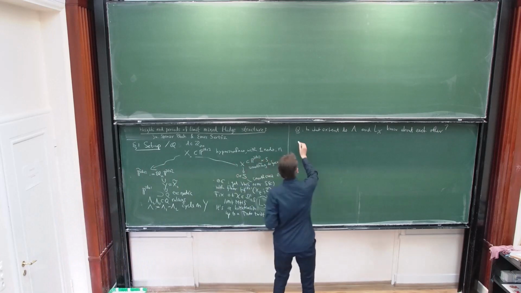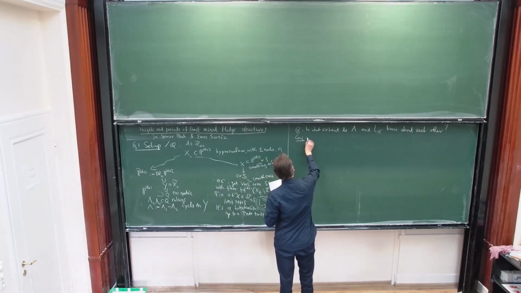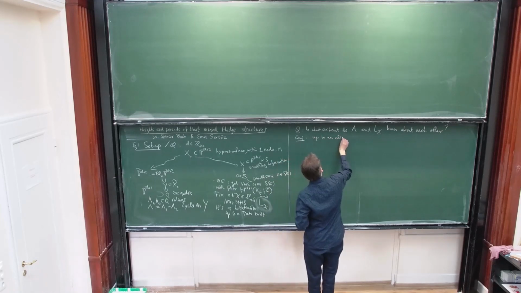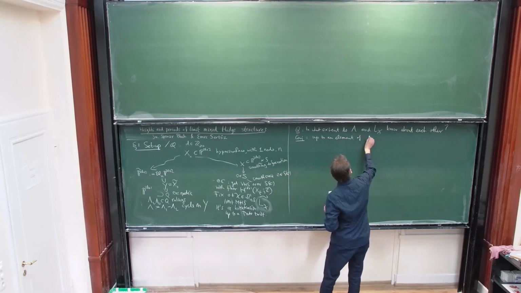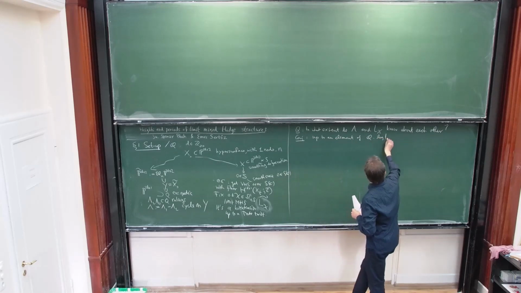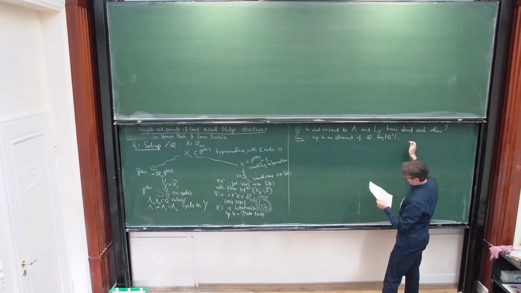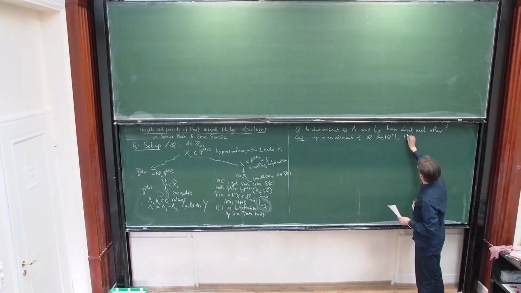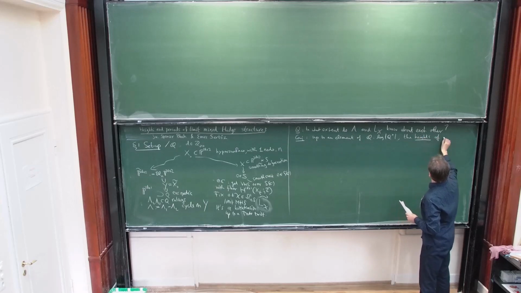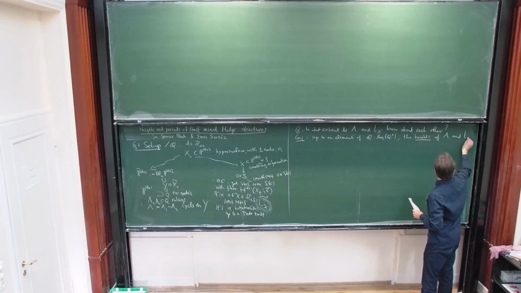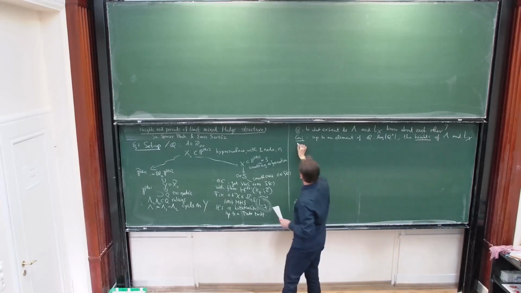And the conjecture that he formulated is that up to an element of Q times log absolute value of Q star, the height of lambda and L chi are equal.